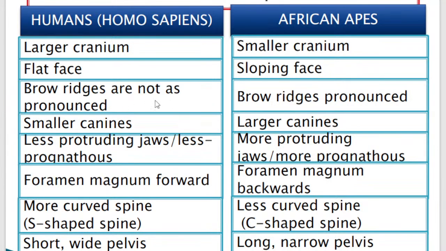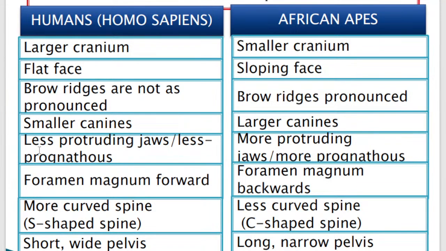Brow ridge is pronounced. I showed you here that it is not that big in the case of humans, and in the other ones the brow ridges are pronounced. You can see them.